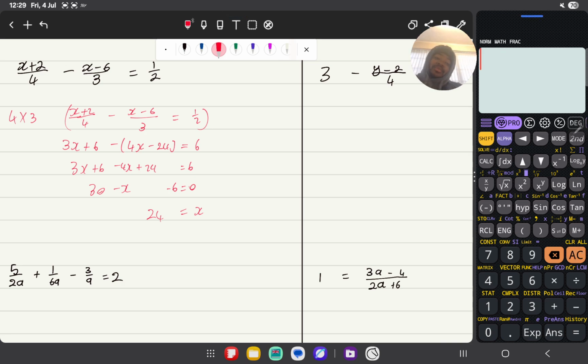So the mistake I almost made was trying to multiply by 4 over 4 on every term, right? As long as you multiply by 4 over 4, technically it's not a mistake.